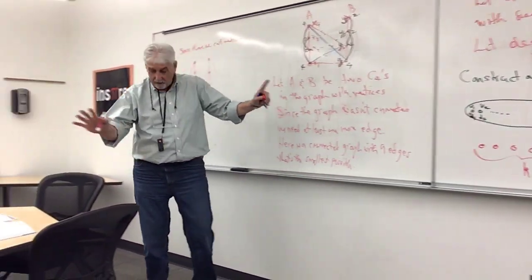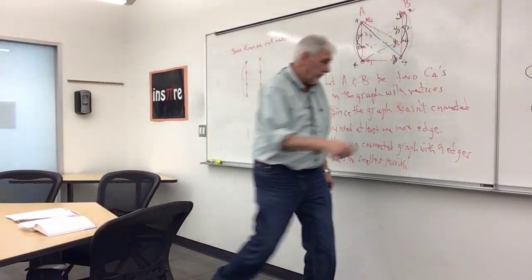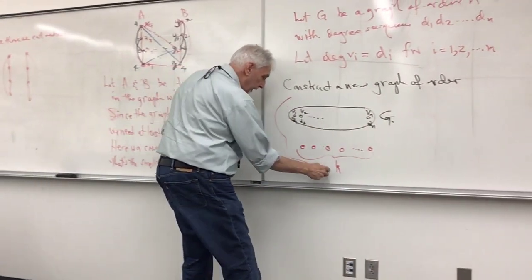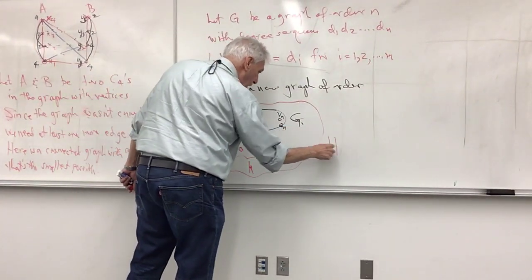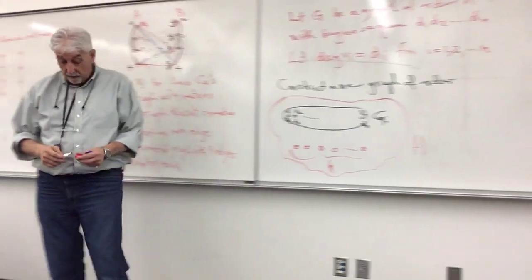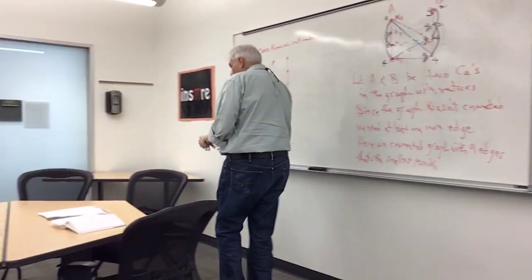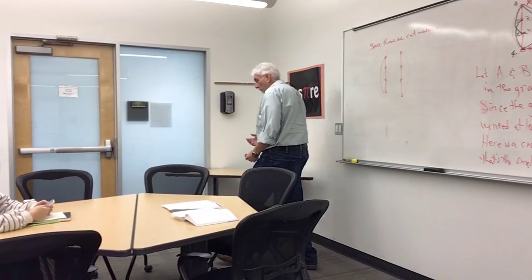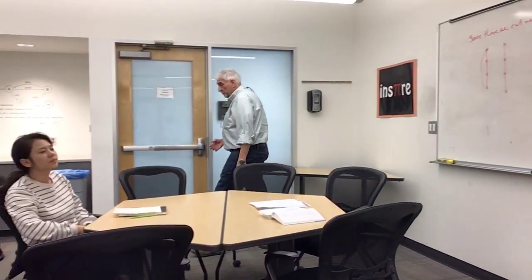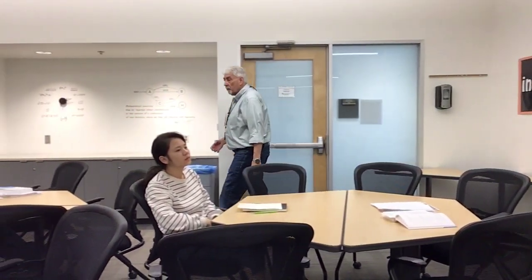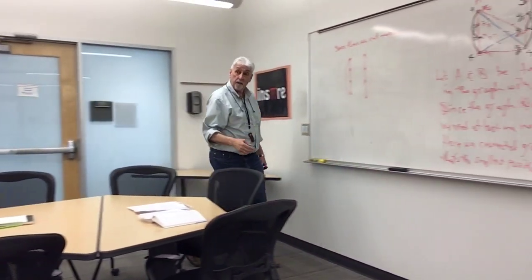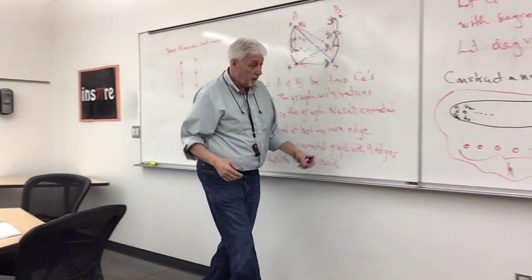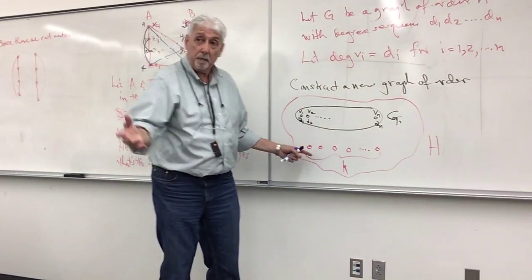Here's my intermediary graph; I'm building graph H. If I stop now, what's the degree sequence of this graph? What's the degree of these k points? At this point, 0. They're isolated; I haven't put any edges in.